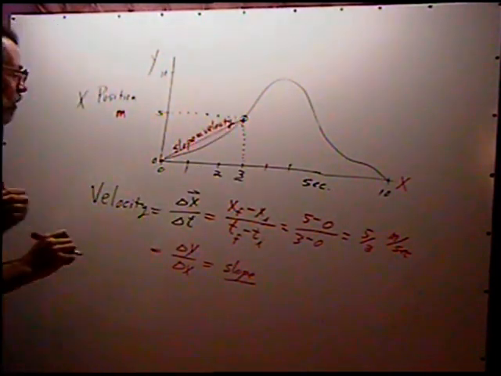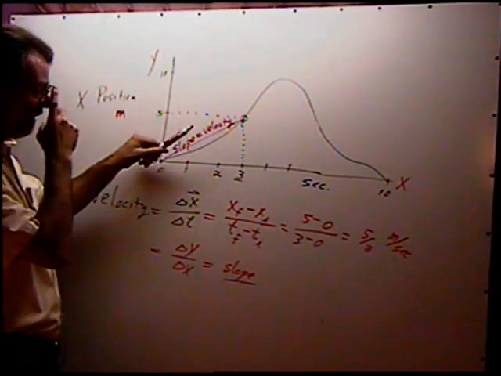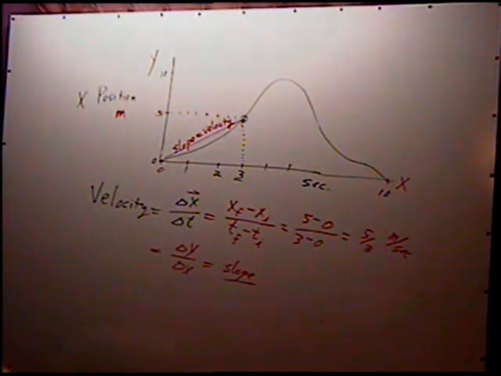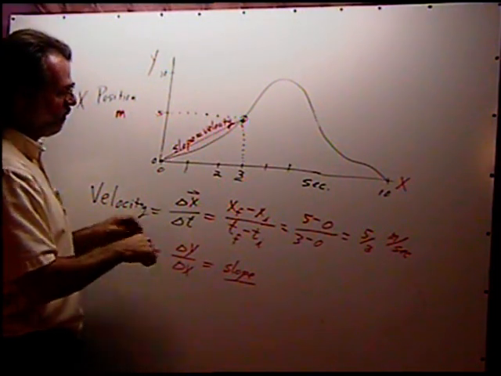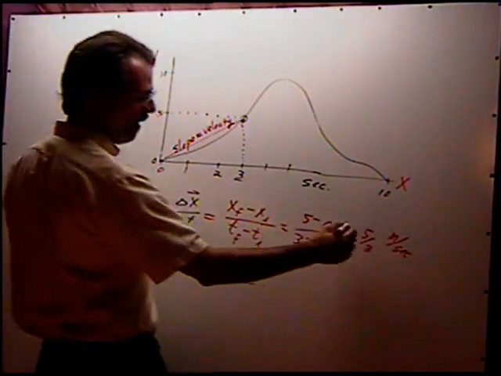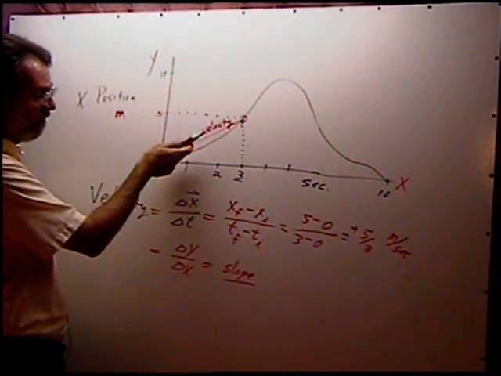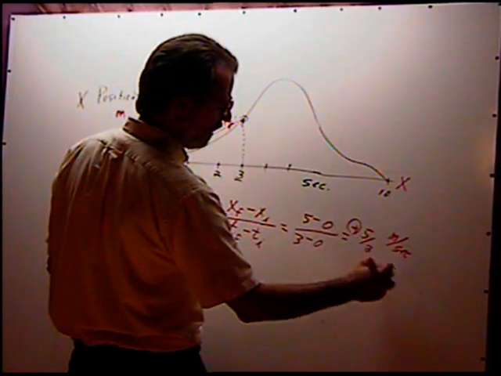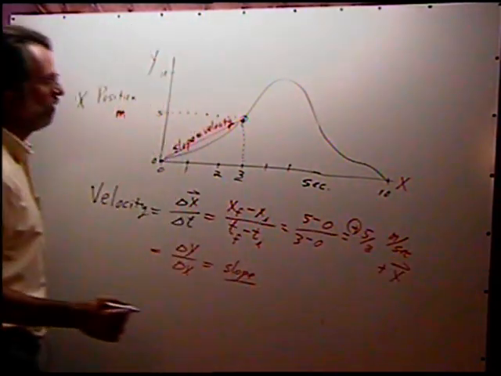The magnitude of it is 5/3 meters per second, and it's a plus. The slope is positive, which means from a direction point of view, we're going in the plus x direction.